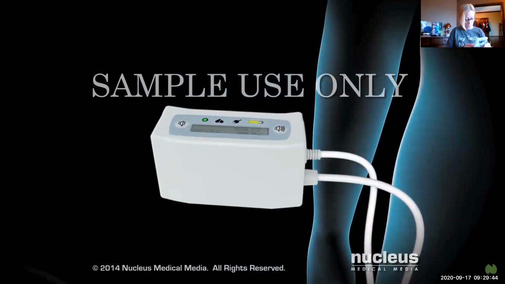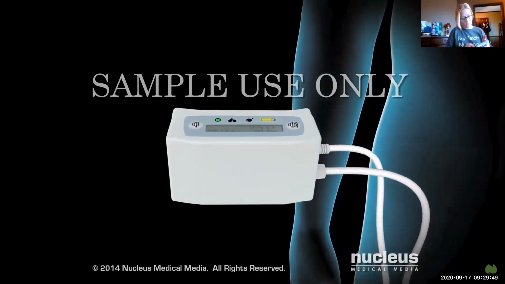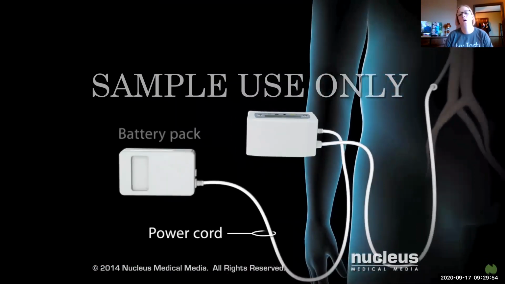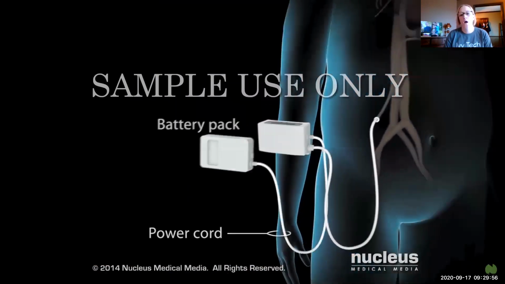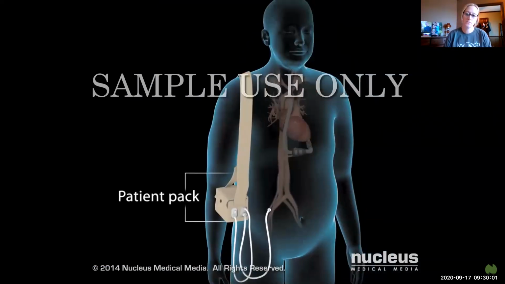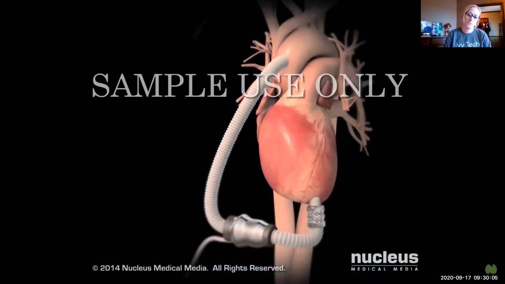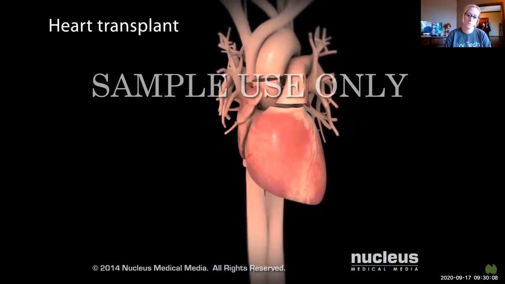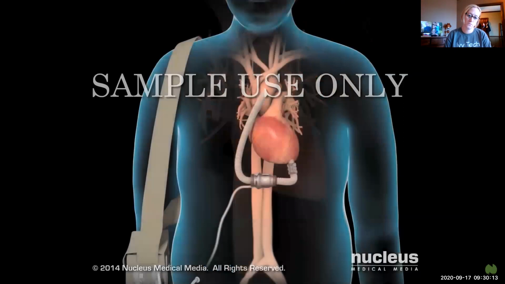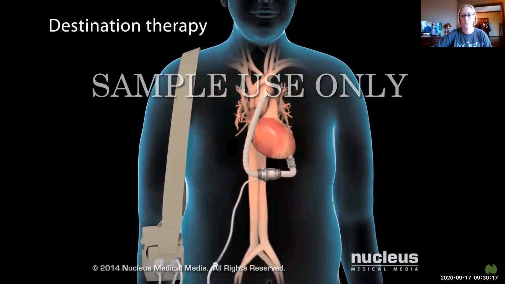The control unit is a small computer that controls the functions of the pump and alerts the patient if there are any problems. The pump and control unit receive power through a cord connected to a battery pack. Finally, the control unit and battery pack are held in a lightweight patient pack. An LVAD may be a temporary treatment until a heart transplant can be performed. Or, if the patient isn't able to have a heart transplant, an LVAD may be used for destination therapy, which is long-term treatment.